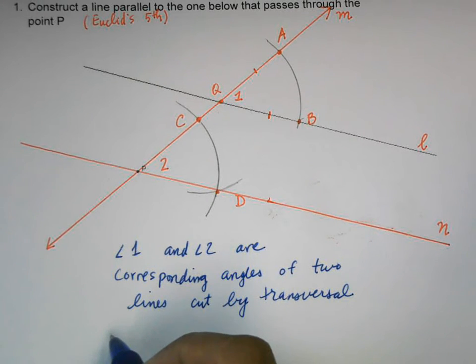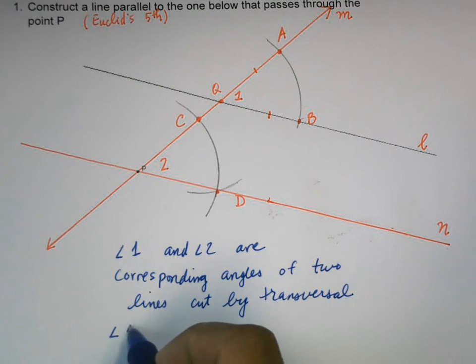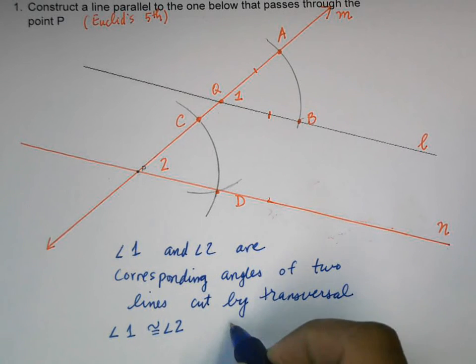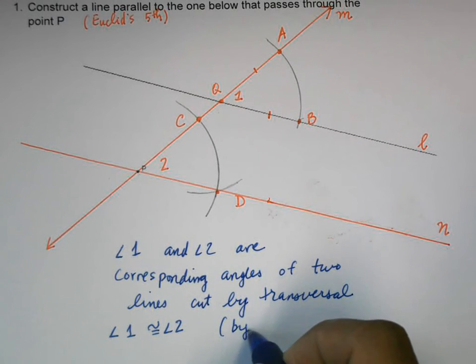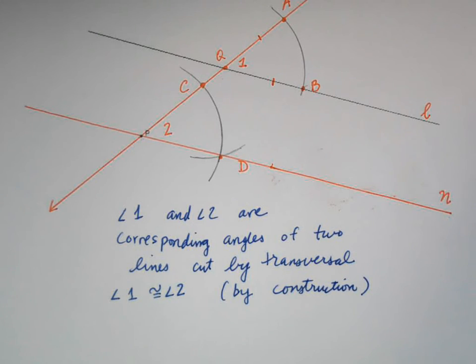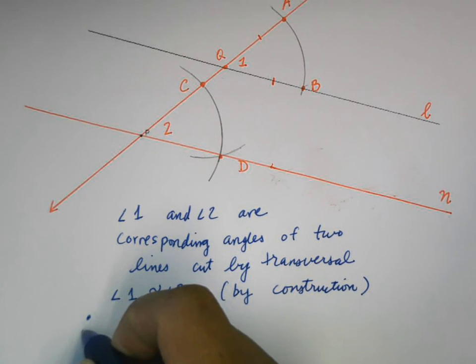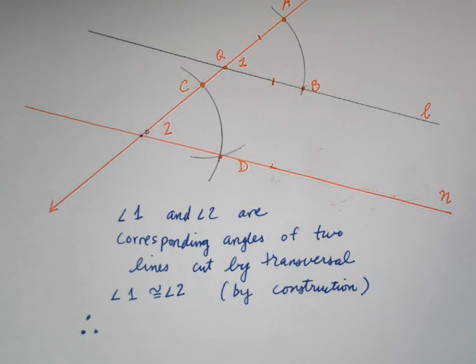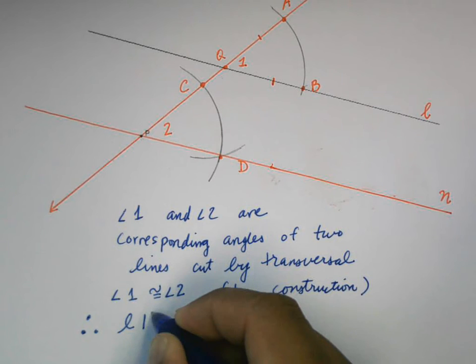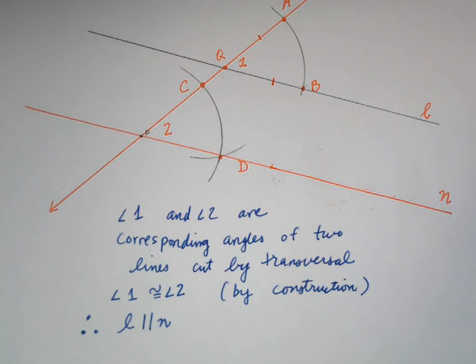The other fact that we know is that angle 1 must be congruent to angle 2 by construction, because we made it that way. We copied angle 1 in order to make angle 2. Therefore, by the corresponding angles postulate, line L must be parallel to line N.